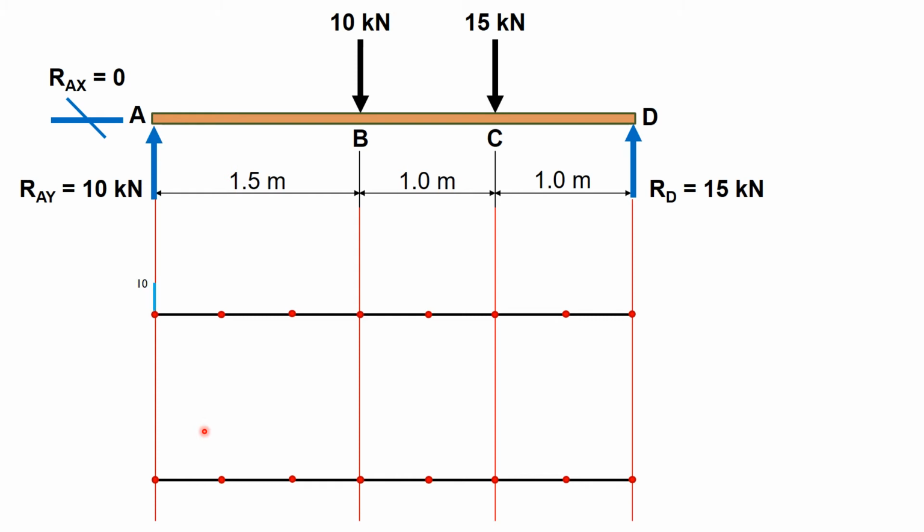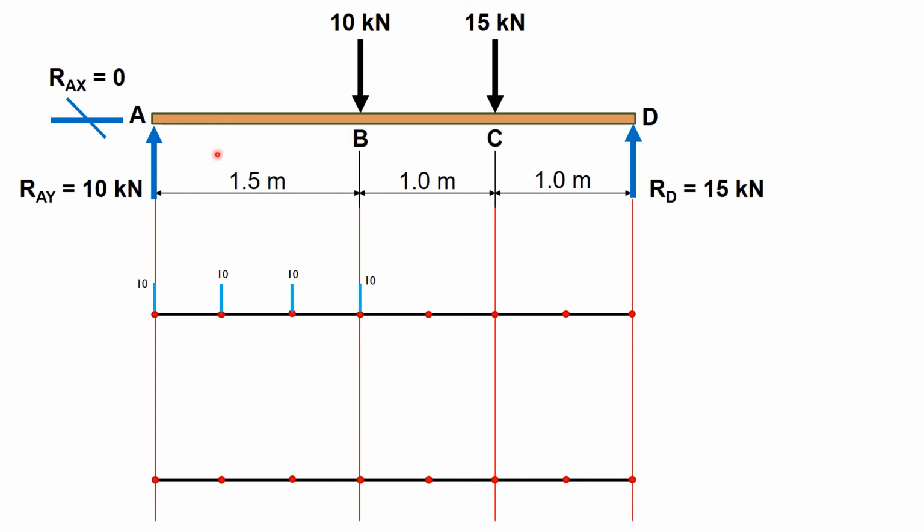We have positive 10 when x equals 0. When x equals 0.5, 10 pa rin. Hanggang doon sa x equals 1.5. So, these are the 4 values na nasolve natin for segment AB. Now, you have to take note na sa B, you have 2 segments na nakakonect.